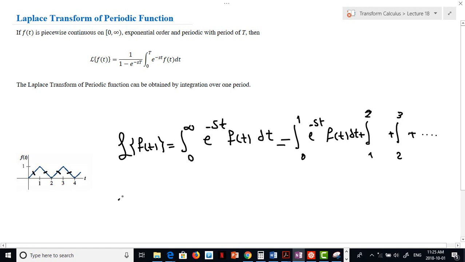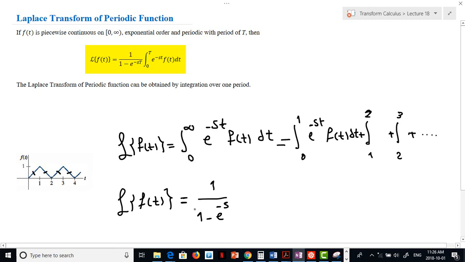So in fact, Laplace transform of f(t), based on Laplace transform of periodic function, is equal to 1 over 1 minus e to the power of minus s. We know that T here, or period of function, is equal to 2.